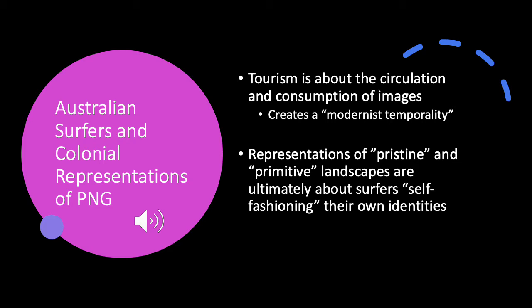It's a kind of foil to their own identity as the real deal, the authentic surfers who are not just caught up in this commodity tourism, but interested in finding these natural landscapes and primitive peoples. So again, even though it appears to be settlers representing Papua New Guineans, what they're really doing is constructing their own identity as white people.